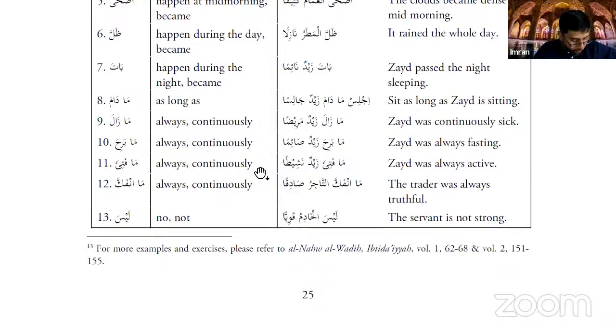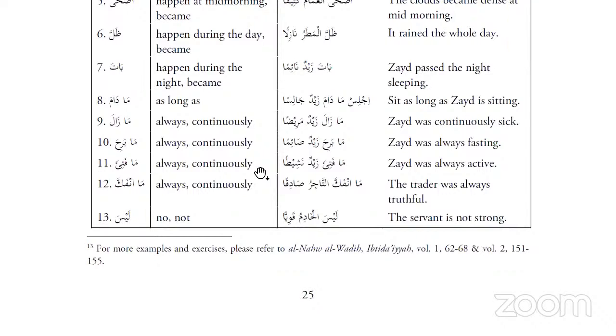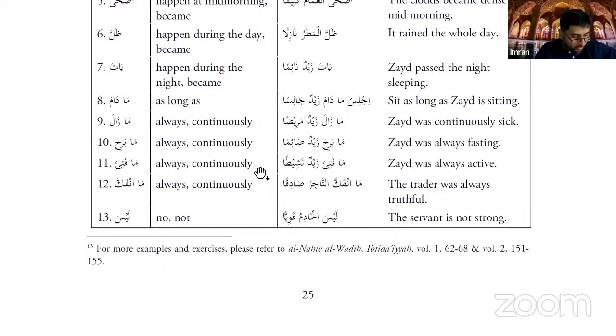I've just sent this across in the group as well. So you have the 14 forms, and when you are conjugating them, you are a bit more familiar with them. One correction, sister: the sixth form is not Yazilna, it's Yazalna. There's a fatha on the za? Yes. That's the only correction, apart from that it was correct.